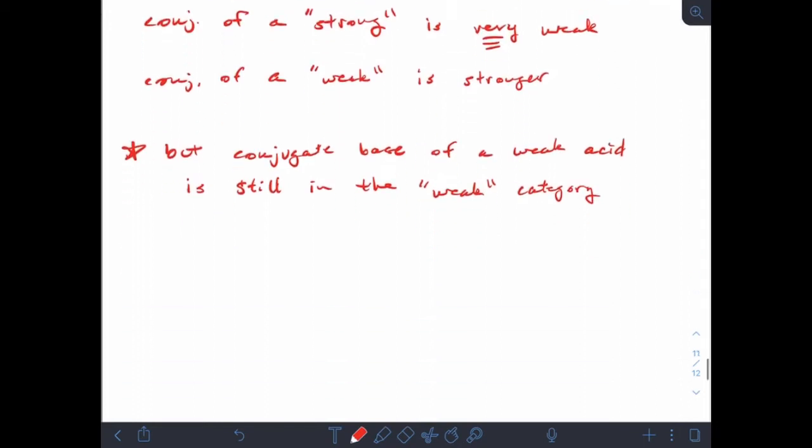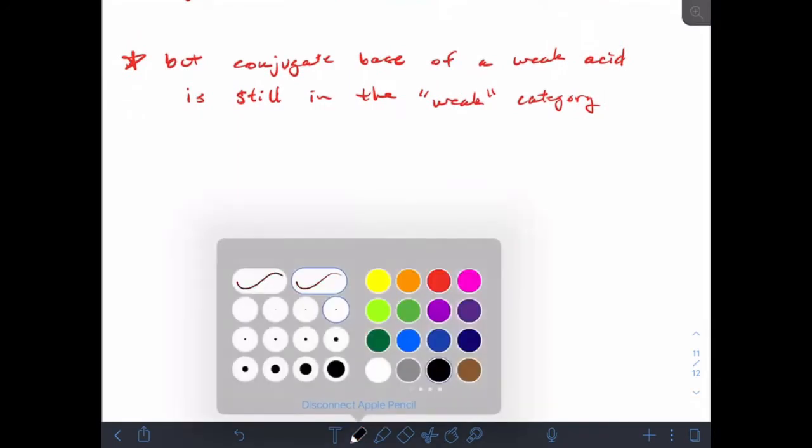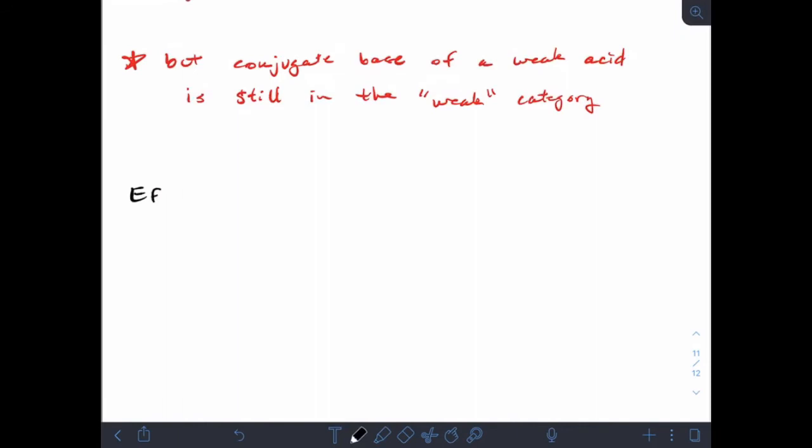Now the next topic is the effect of salt solutions on pH. When we're talking about salt solutions, we're talking about ionic compounds.